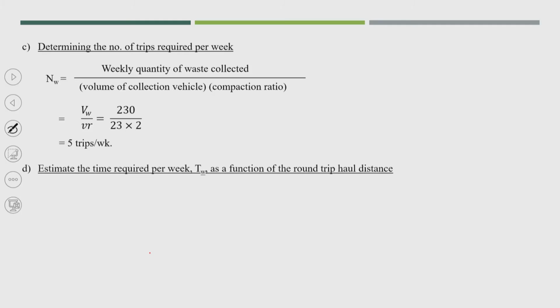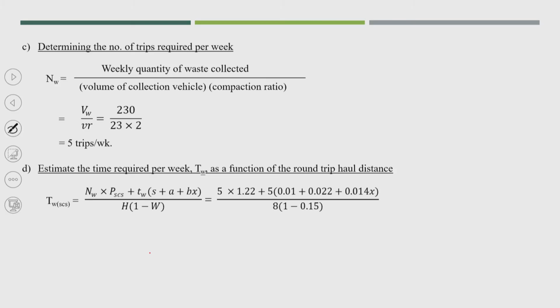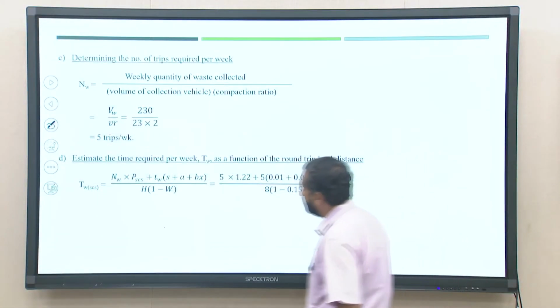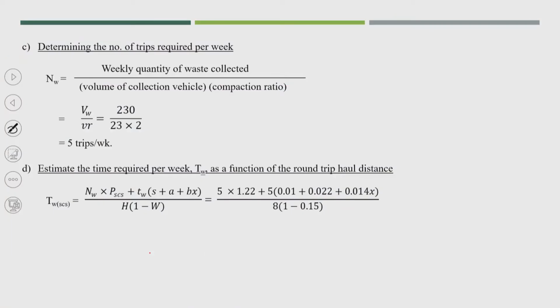Now, we can estimate the time required per week, TW, as a function of round trip haul distance. So, this equation we already found in the previous lecture. Where NW is the number of trips per week, and small TW is a round off value of the NW value.